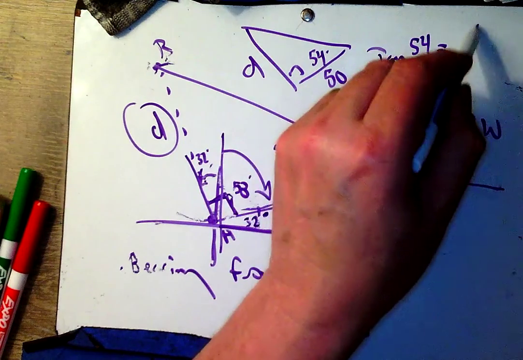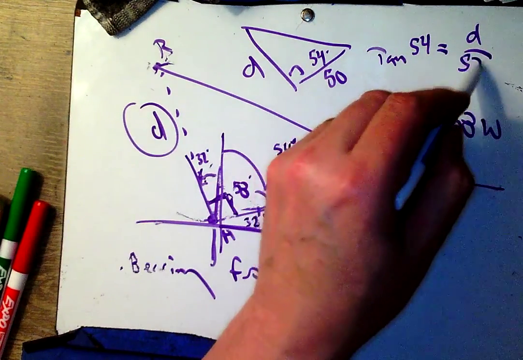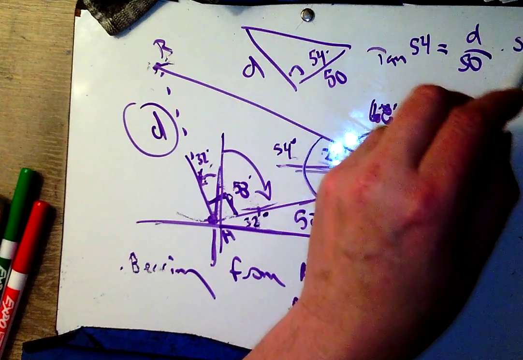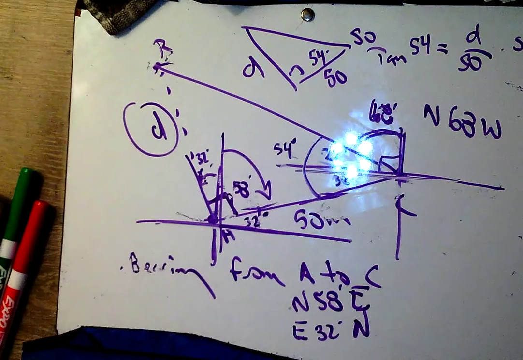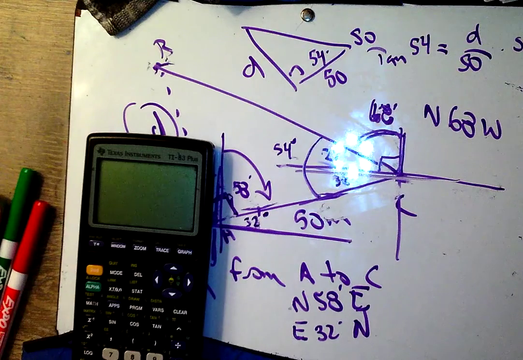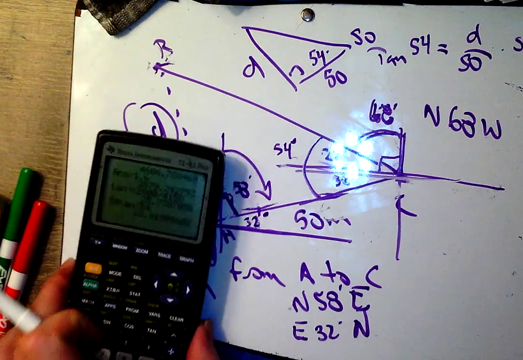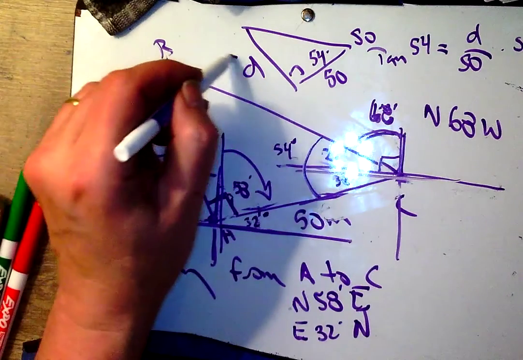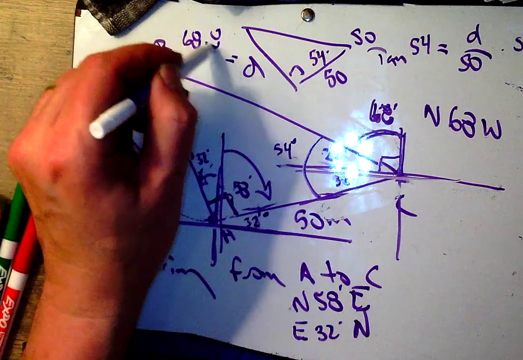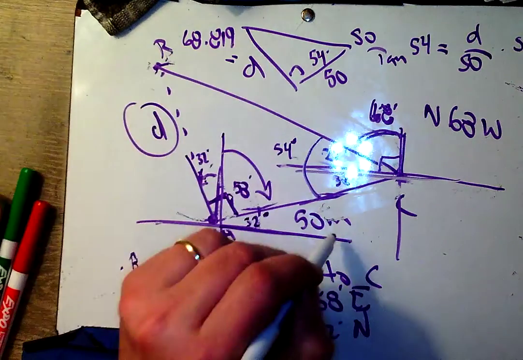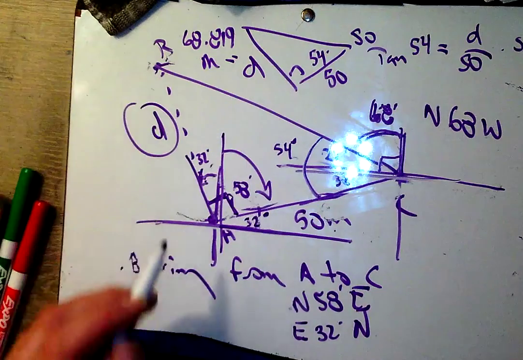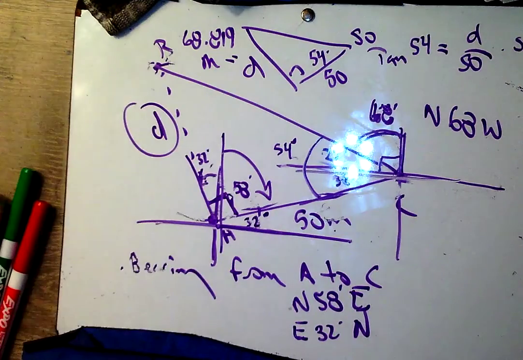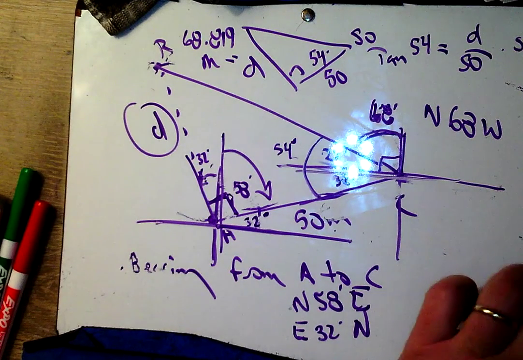Tangent 54 equals D over 50. So if we multiply both sides by 50, 50 tan 54, I'm going to get 68.819 meters to get from A to B. Nice. Okay.